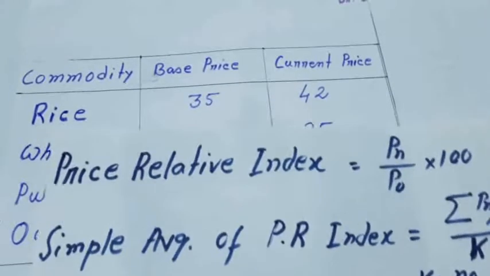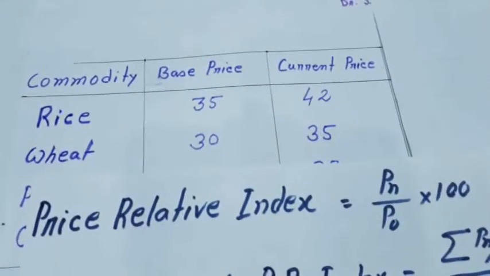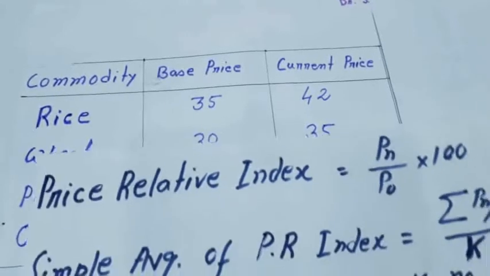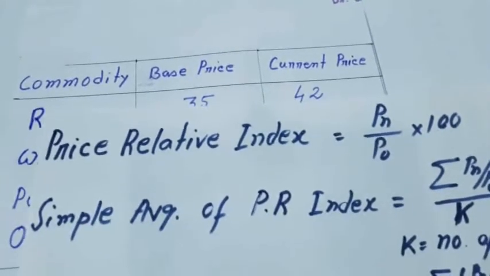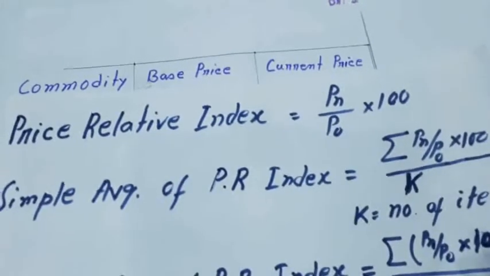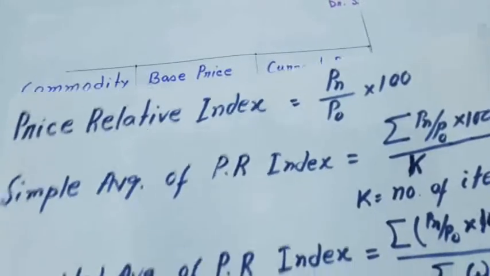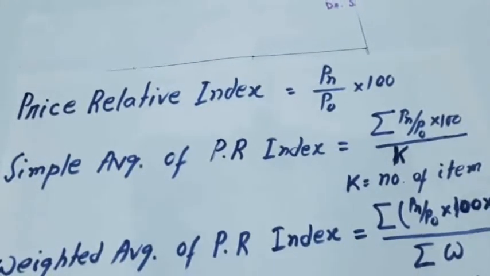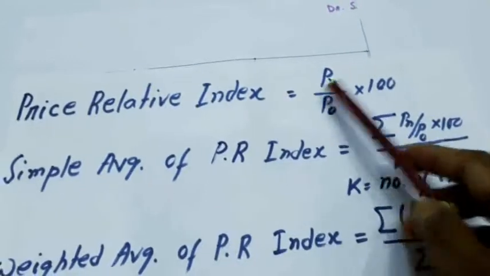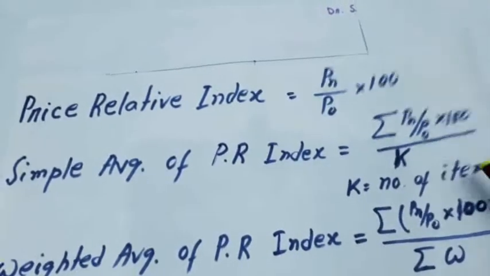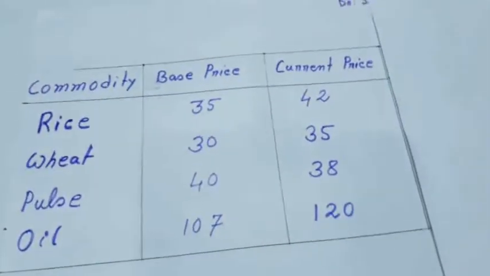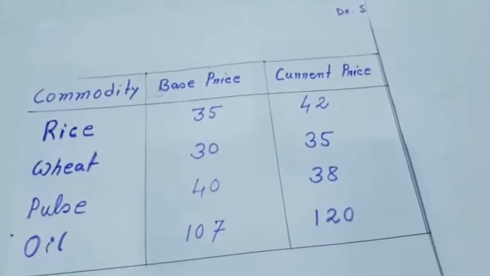For that, firstly we will calculate the price relative, then we will apply this formula, and price relative is computed by using this formula. Okay, for that you have to make a table.